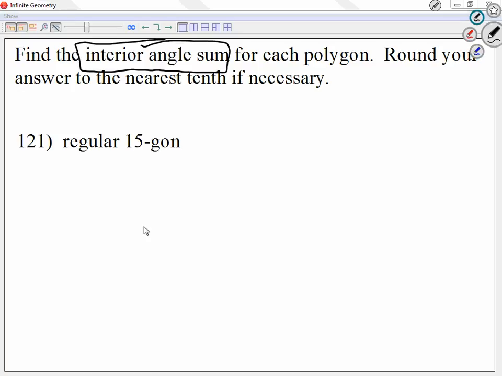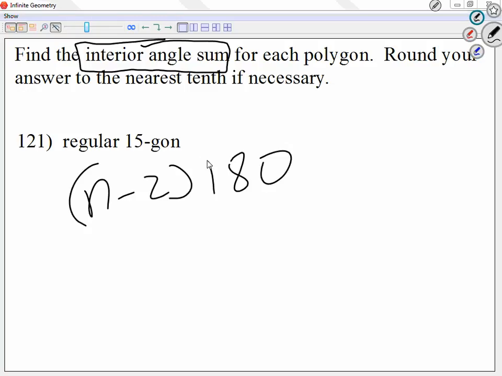Remember, for that we have a formula, n minus 2 times 180. Regular 15-gon, that means there's 15 sides. So for me to find out how much they all add up to, I'm going to go 13 times 180. Right, 13 because it's n minus 2.